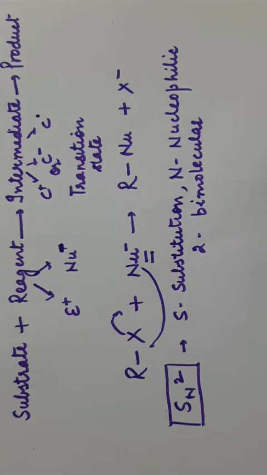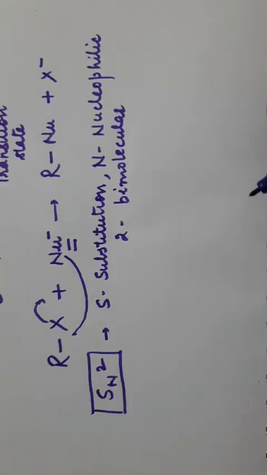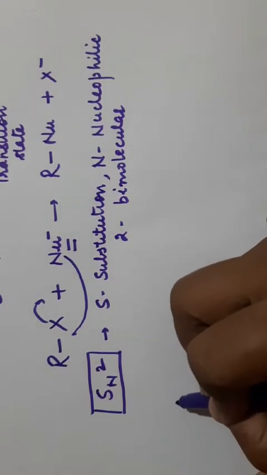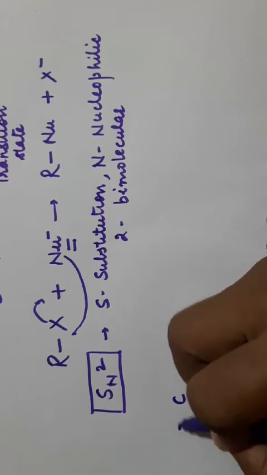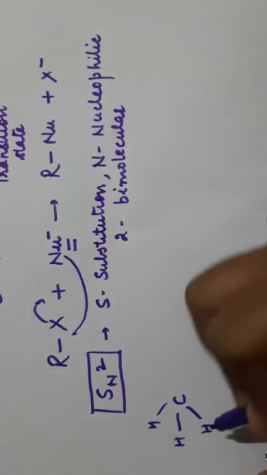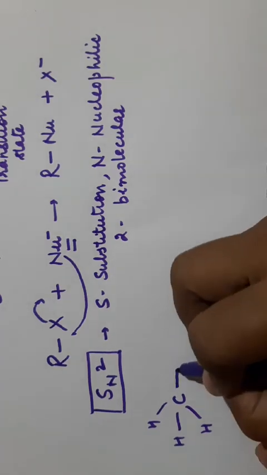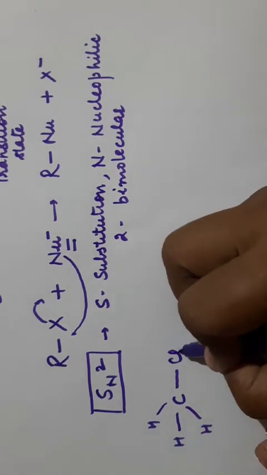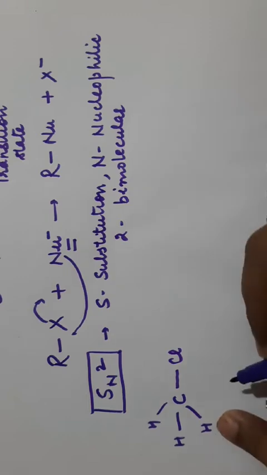Now for this, first you must know the mechanism of SN2 reaction. Suppose we take the simplest example. Carbon is there with 3 hydrogens bonded to it, that is a methyl group, and a halogen is attached to it, suppose Cl. So this is methyl chloride.